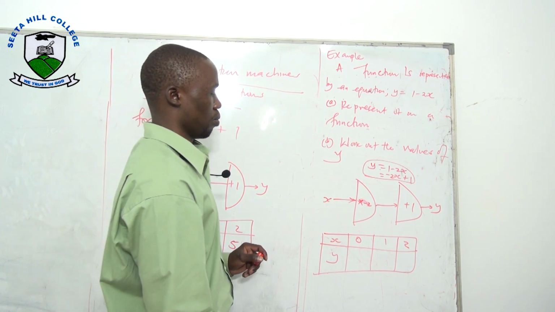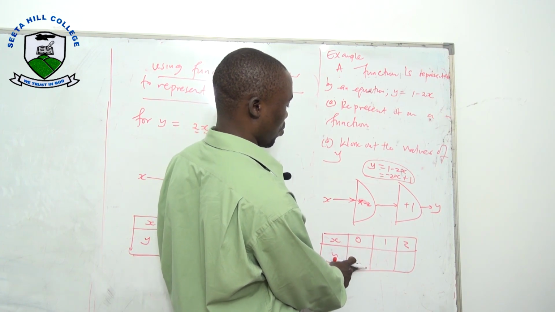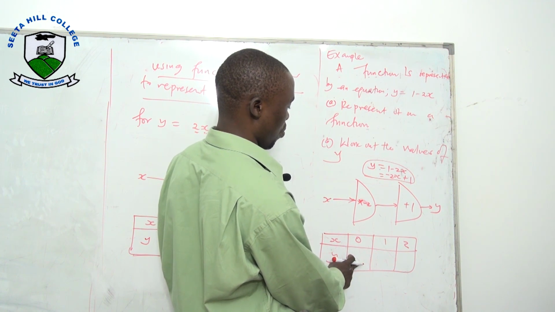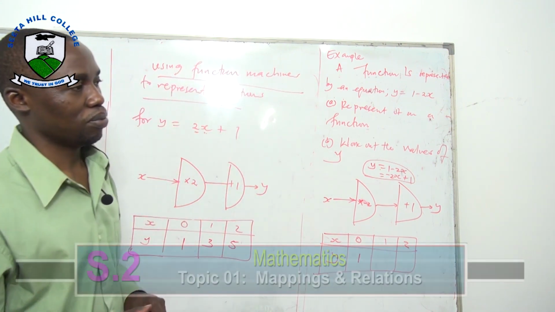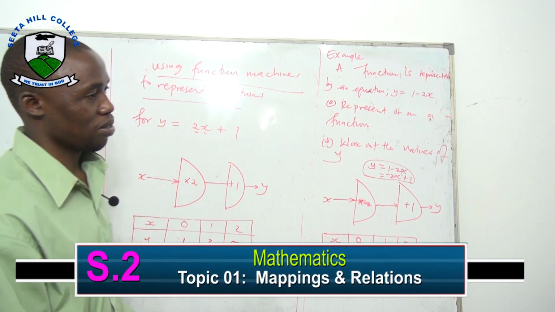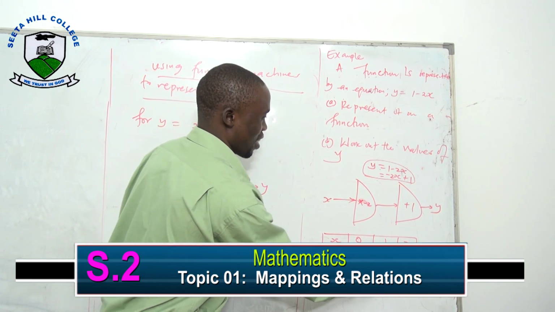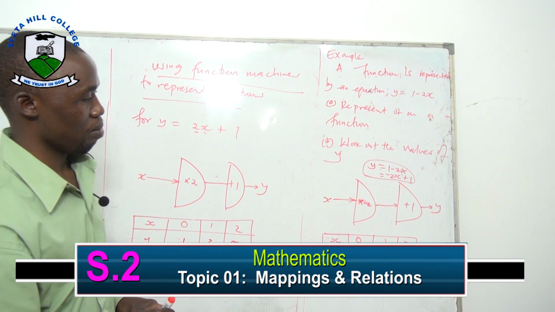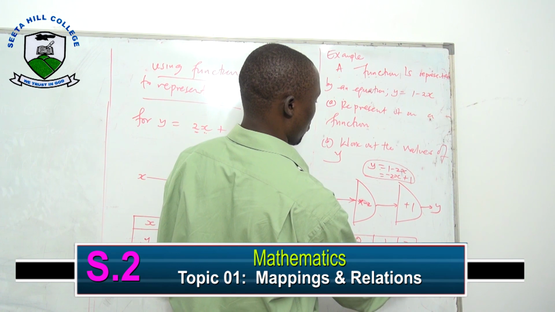So we will have x 0 times negative 2 plus 1 is equal to 1. The next, 1 times negative 2, negative 2 plus 1 is negative 1. Then 2 times negative 2, negative 4 plus 1, negative 3.